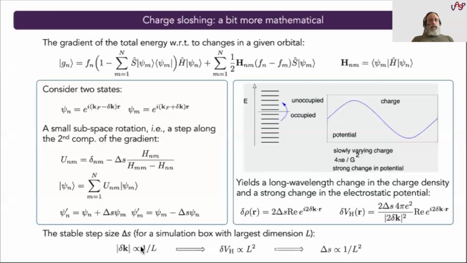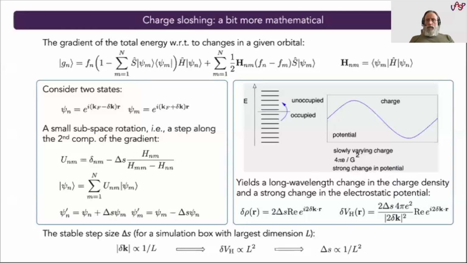Then delta K in this picture is proportional to 1 over L, and the response in the potential is then proportional to the square of L. The stable step size is then proportional to 1 over L to the power 2. So we need to take exceedingly small steps to still have a stable algorithm. And in practice, we don't reach convergence with this.